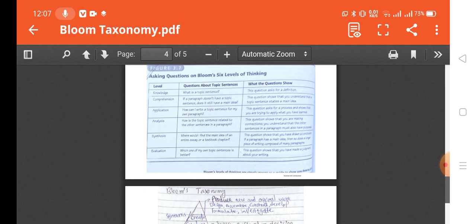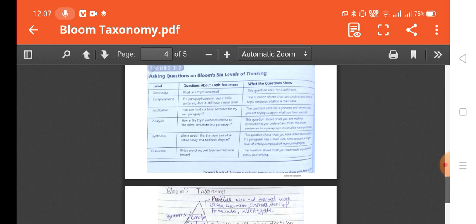Second, at the comprehension level: if a paragraph doesn't have a topic sentence, does it have a main idea? This question demands that you understand that a topic sentence states the main idea. Third, the application level: how can I write a topic sentence for my paragraph?